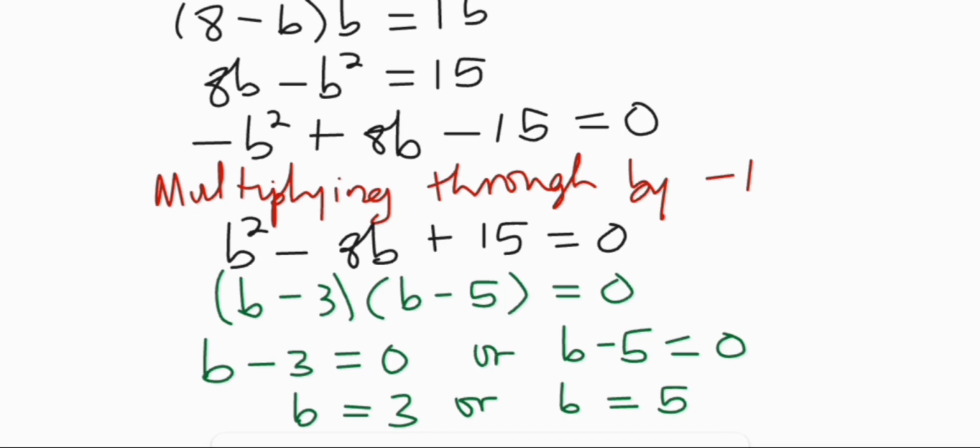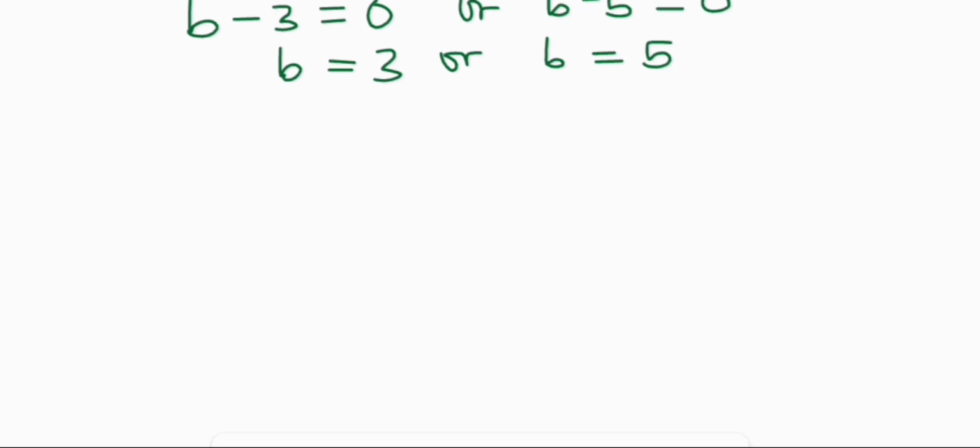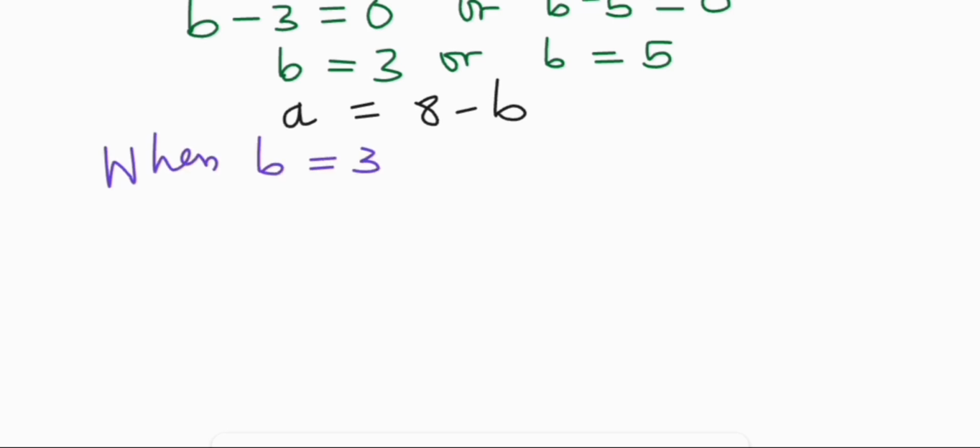And we plug every value of b into equation 4 to get the corresponding value of a. Don't forget that equation 4 is a is equal to 8 minus b. So when b is 3, a is going to be 8 minus 3, which is 5.